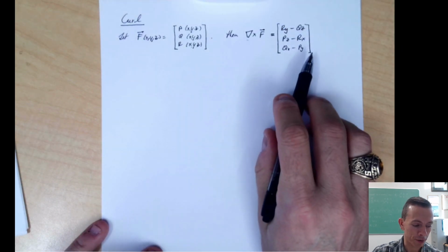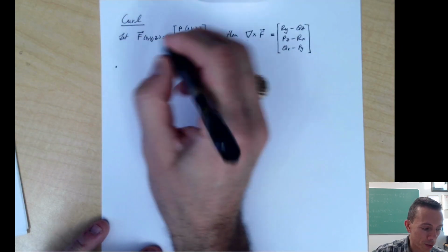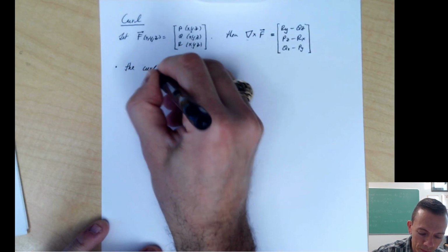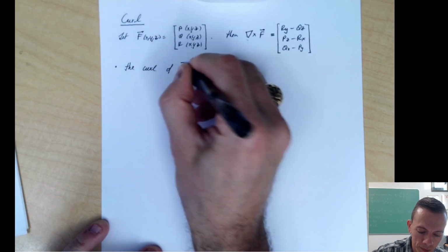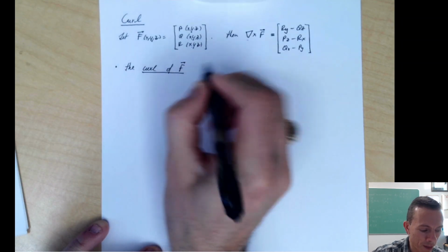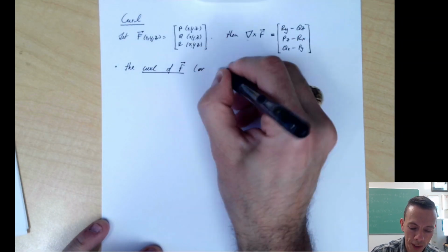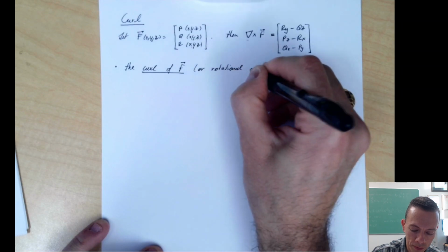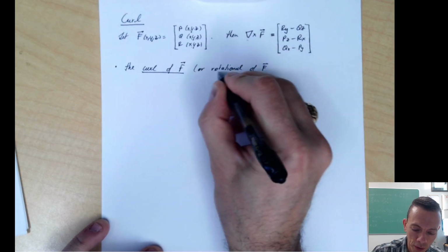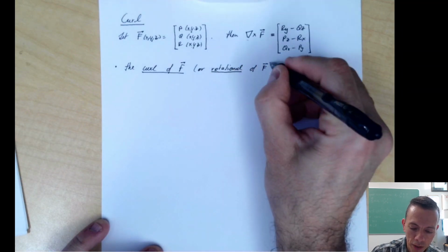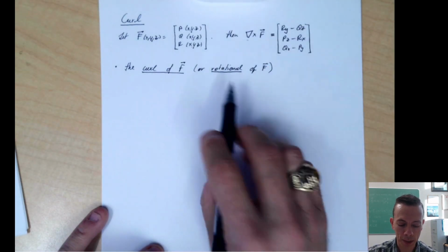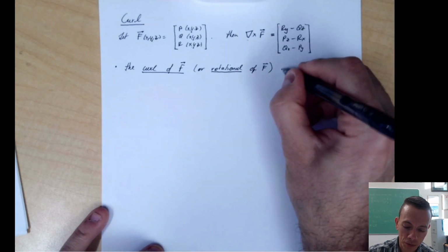So this is called the curl of f, or it's also called the rotational, which is another word that is used in some textbooks. So it is a vector field.